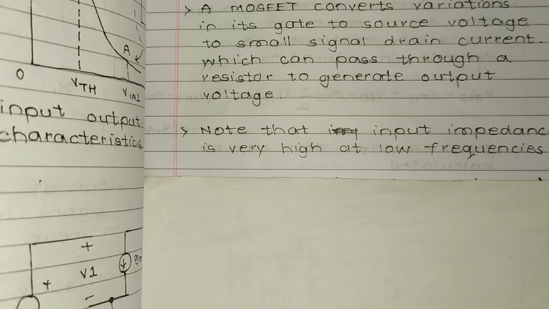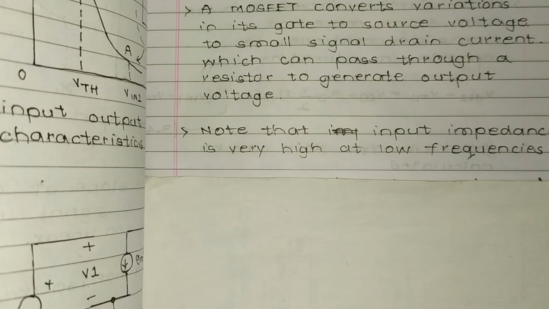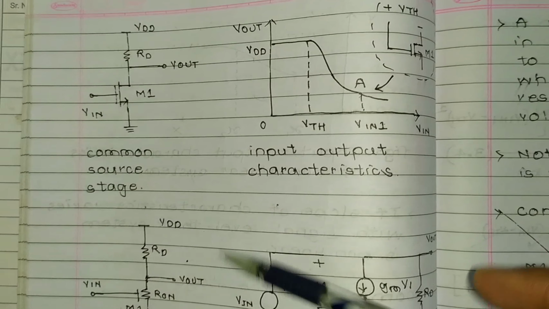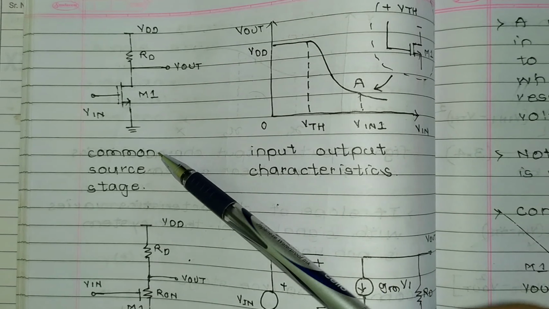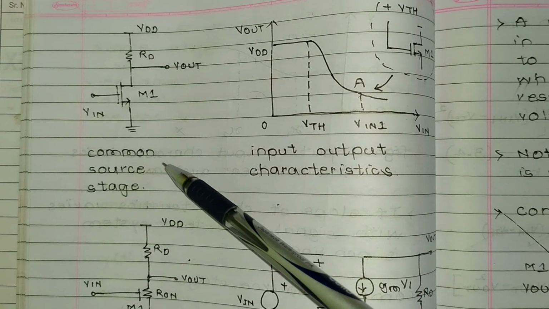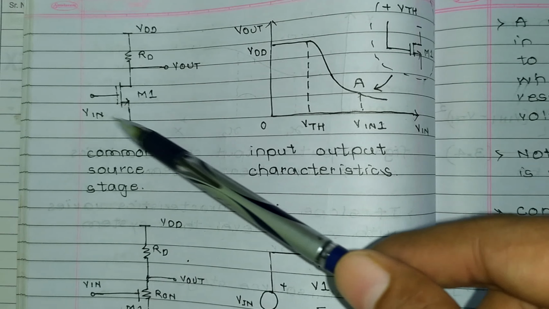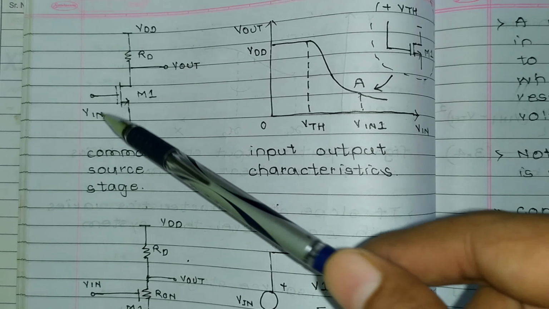A MOSFET converts variation in its gate to source voltage to a small signal drain current, which can pass through a resistor to generate an output voltage. Note that the input impedance is very high at low frequencies. This is the circuit for the common source stage. This is the drain, this is the gate, this is the source. The gate to source voltage is Vin with respect to ground.